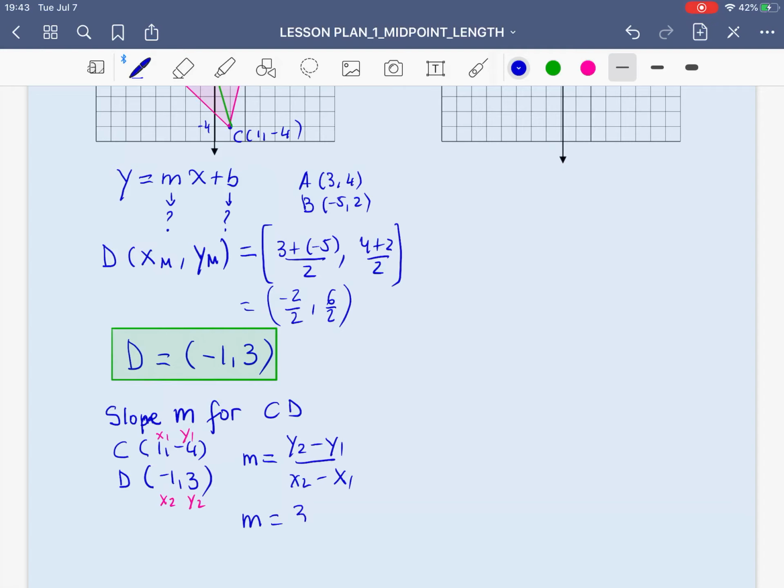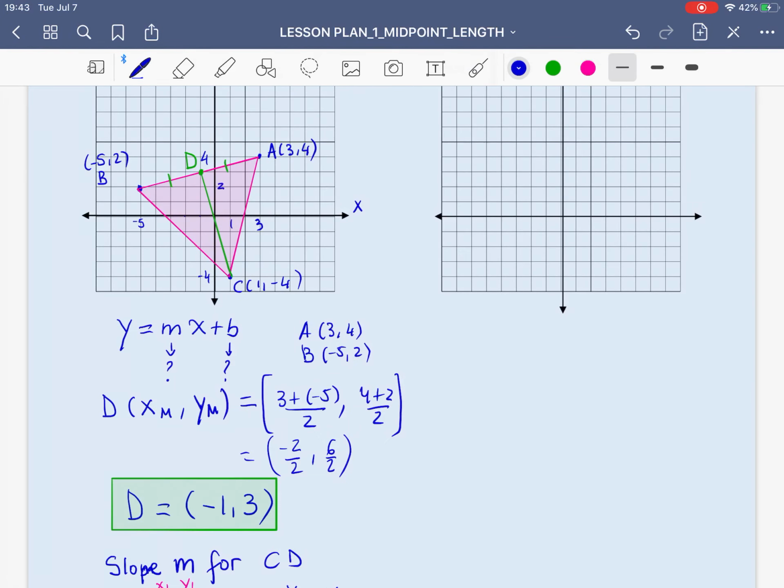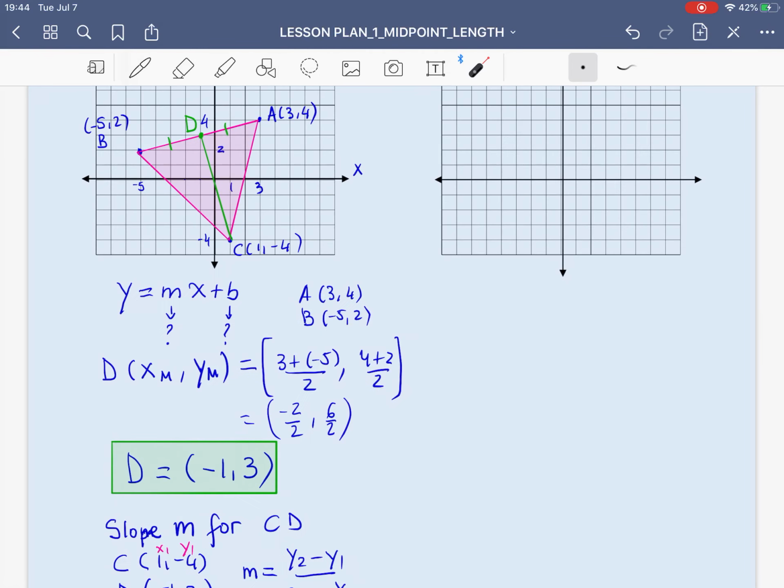So slope equals 3 minus negative 4 divided by negative 1 minus 1. So 7 over negative 2. So the slope of the median is 7 over negative 2. So it seems that we have a negative slope, and you can tell that this is a line with a negative slope.